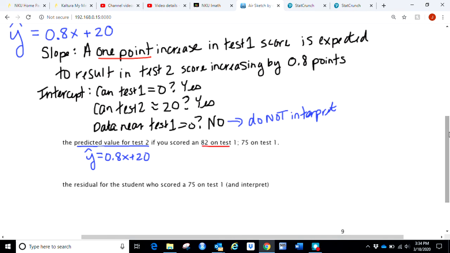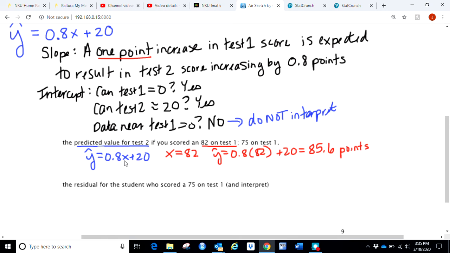When I see an 82 on test 1, that tells me x is 82. So I'm just going to plug in that 82 for x and see what comes out. When we do that, I would get an 85.6. So I would expect them to score an 85.6 on test 2 if they got an 82 on test 1.